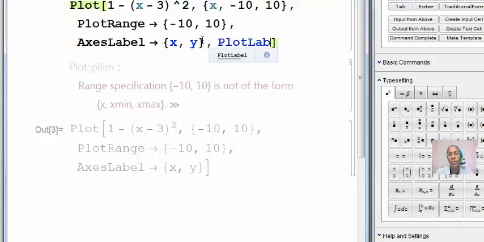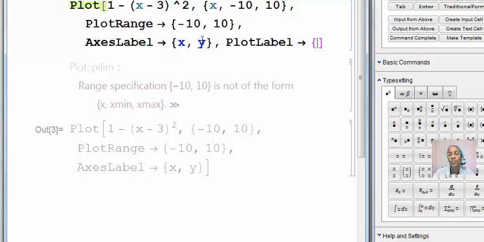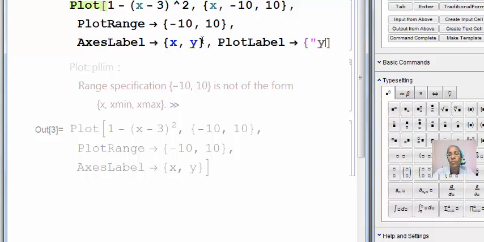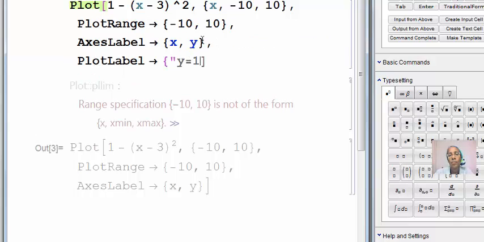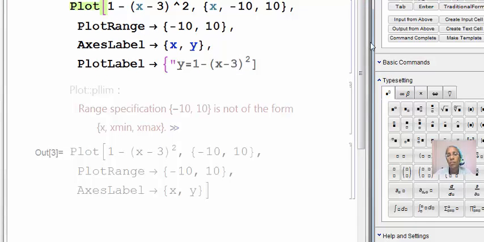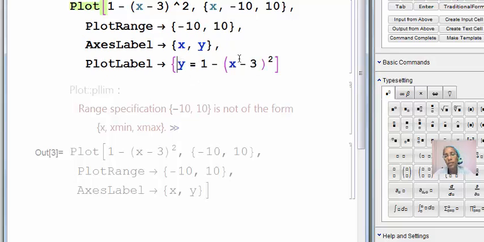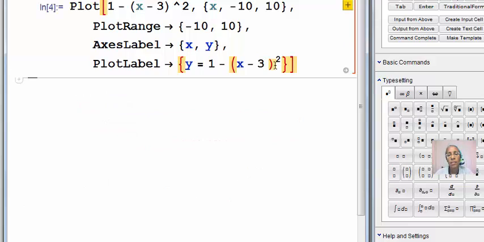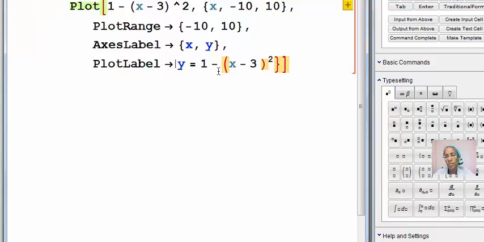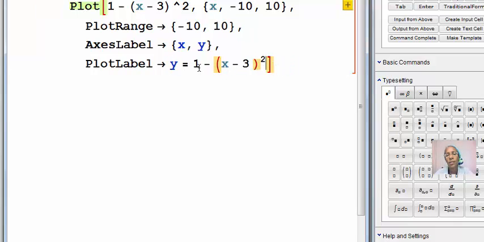So maybe my plot label was not the problem. That was the problem. All right, let's see. Okay, maybe I don't need that.